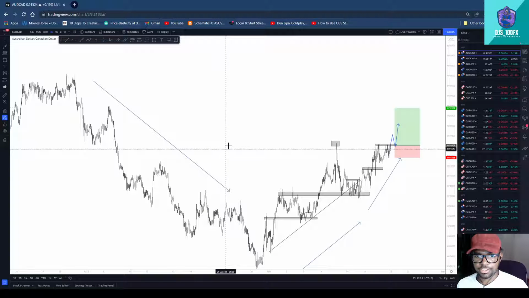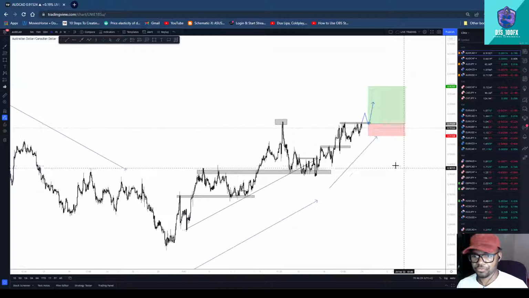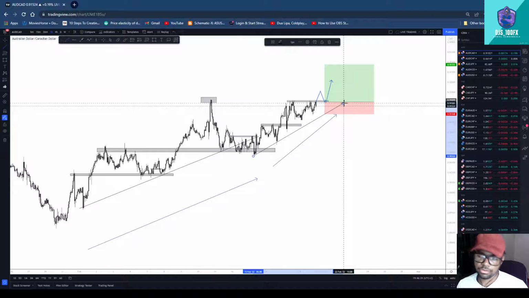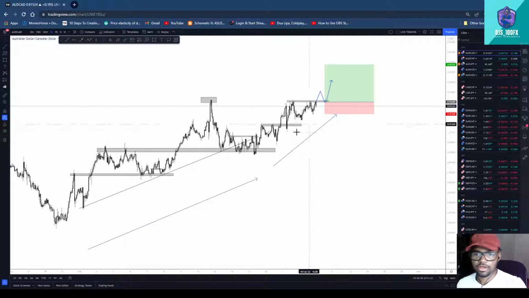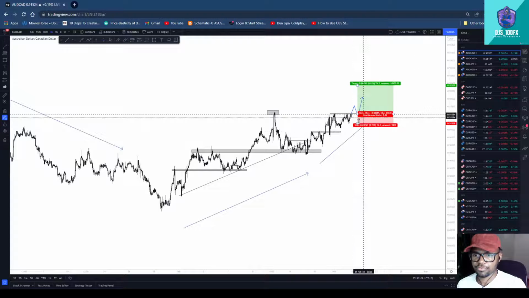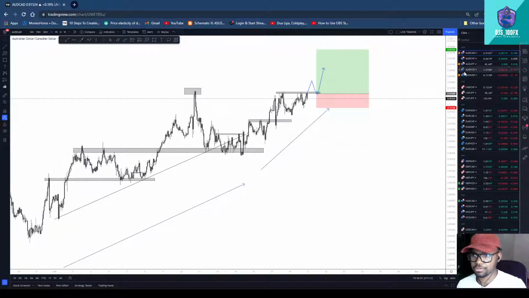We could see this as a level where price could react and then push down. From there, we will look to see what price does, and then take the trade as the opportunity presents itself. Otherwise, this will be it for AUDCAD. So this is the trade I would be expecting if it happens.